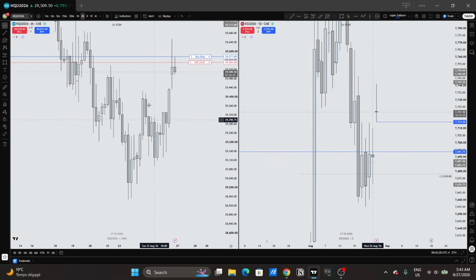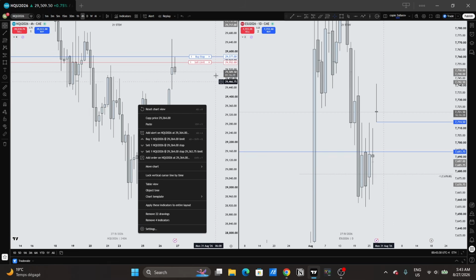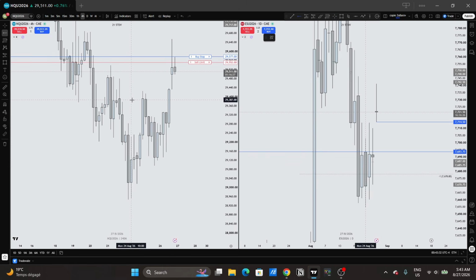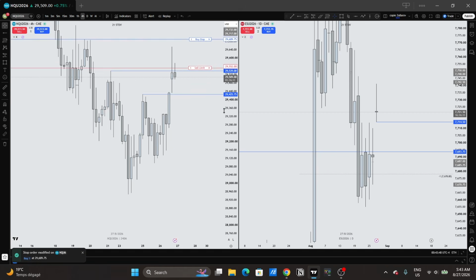So my draw on liquidity this week was mainly the highs that we left. So this high and this one, and the equal highs.